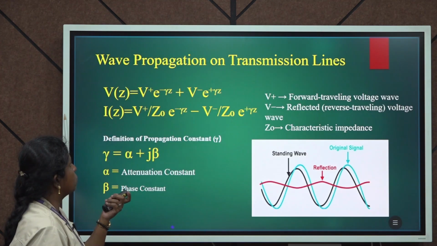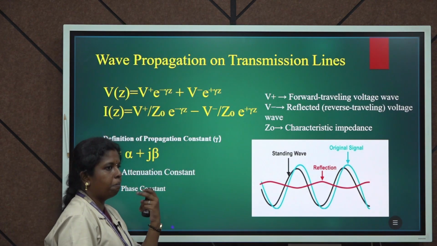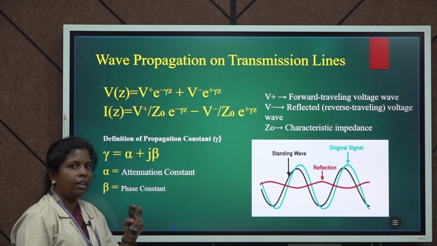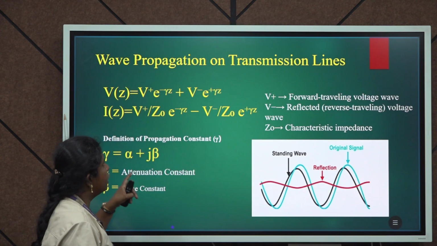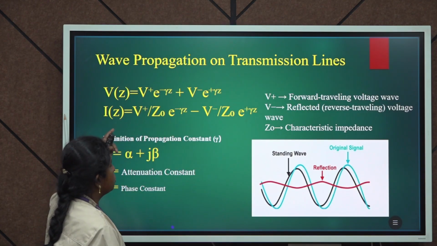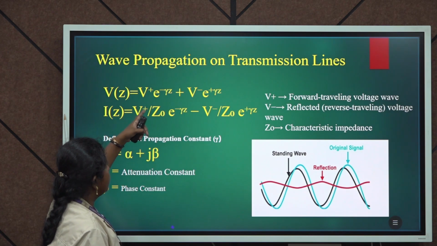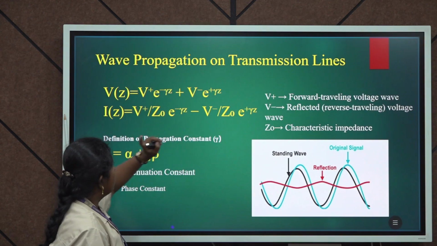We can analyze the transmission line mathematically using two parameters, voltage and current. According to this lengthy transmission line, voltage can be analyzed as V plus e power minus gamma z plus V minus e power plus gamma z.